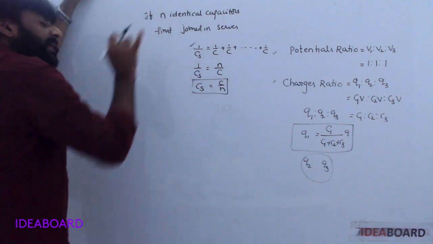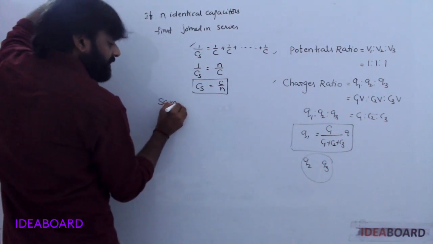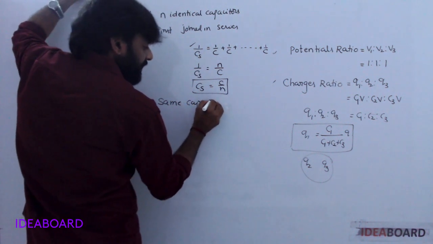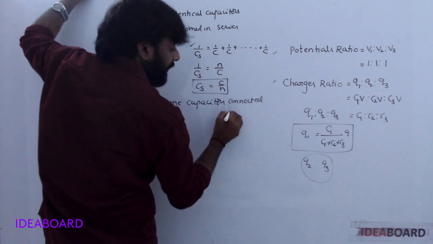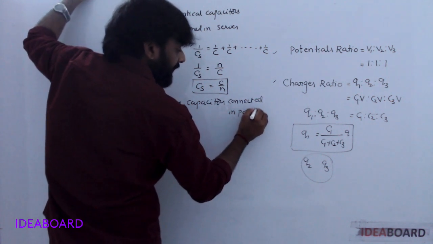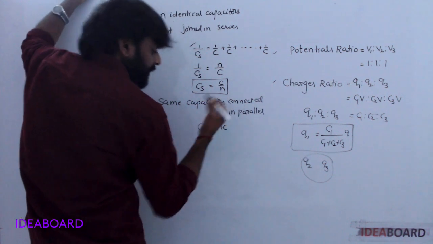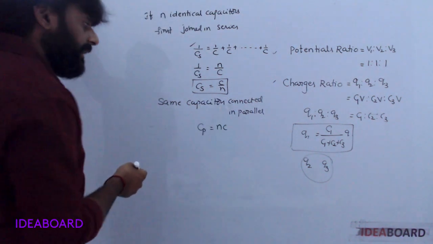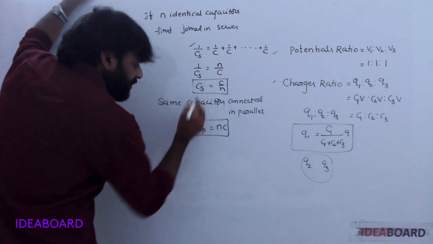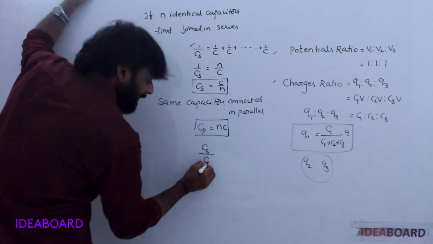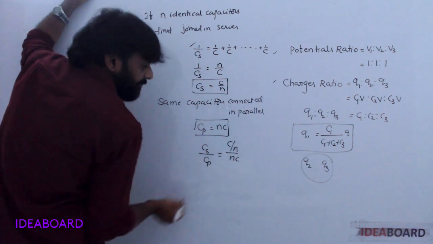Okay, if the same capacitors are connected in parallel, C parallel is equal to n into C. Now the ratio C series by C parallel is equal to C by n divided by nC.